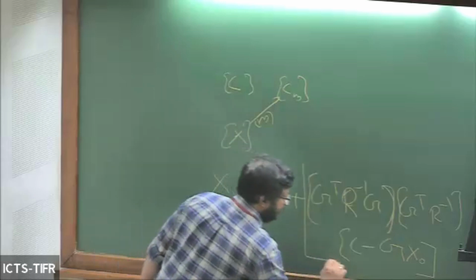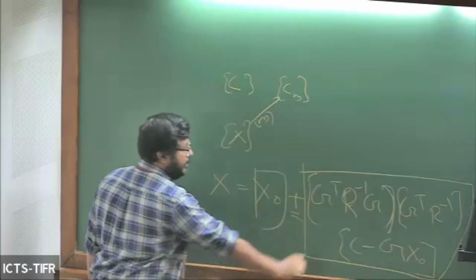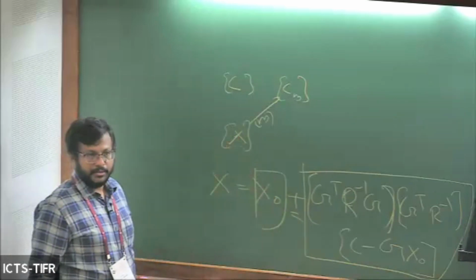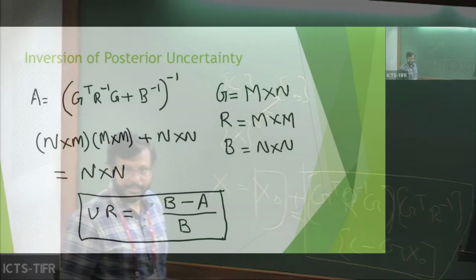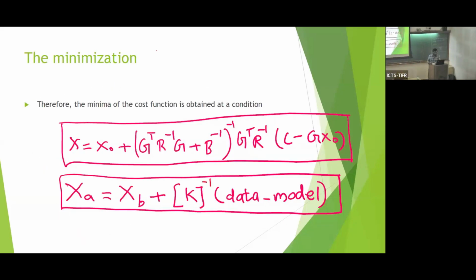Basically, this term must be equal to the dimension of this term, then only addition is possible. What is x naught? 1 times n. So that's what you are going to get in n, right? That's your background, the size of the background, or x. In a real-size problem, it is your model domain. All right, so this is how you calculate the matrix and you do that operation on that side, then you get the optimal value of x, which is given here.